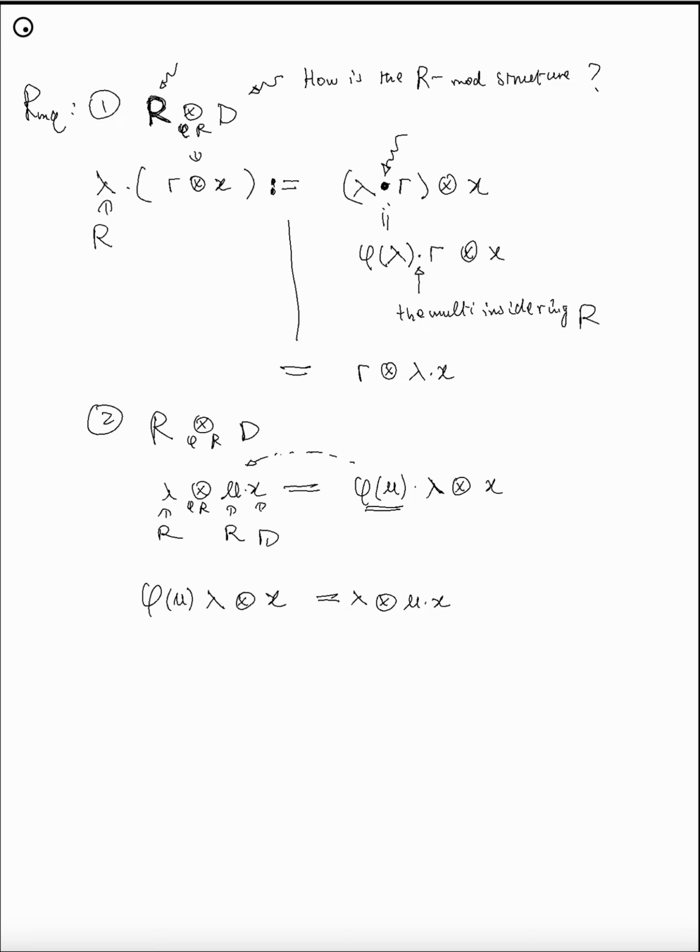Wait a minute, is it well defined? Basically, my sub-question is, suppose you have two, mu1 and mu2.